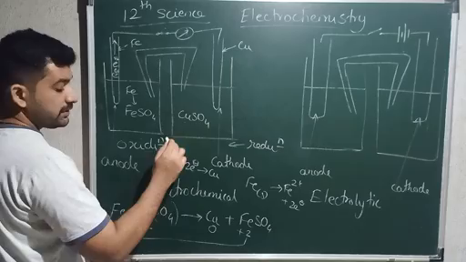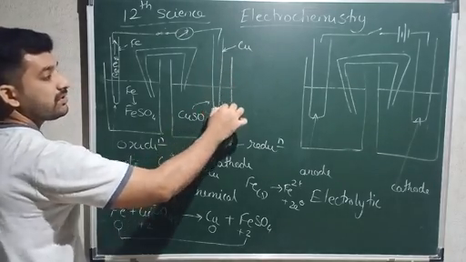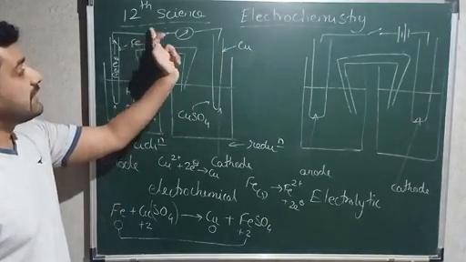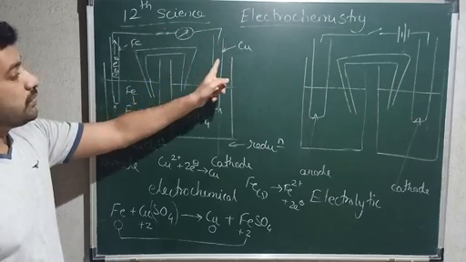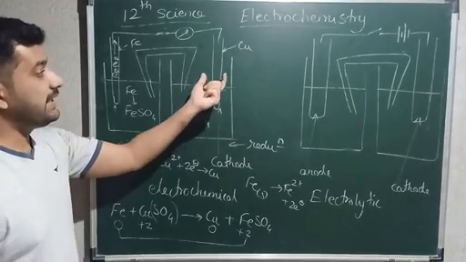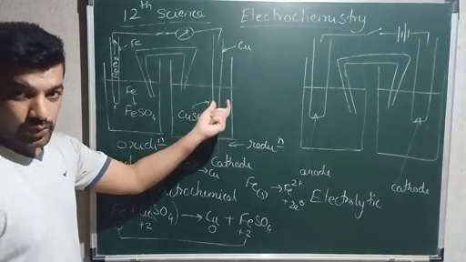Cu2+, which is present in the solution state, is getting deposited on the copper electrode. The electrons coming through the circuit are absorbed by Cu2+ and used to form the copper electrode over here.